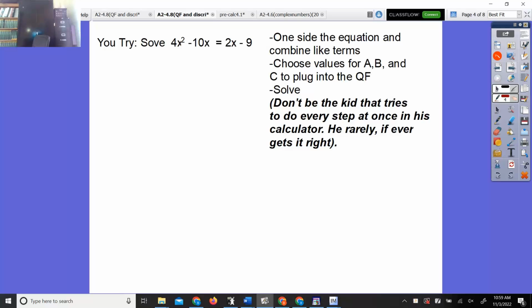Put it in standard form first, kids. Personally, I'd move everything to the left on this one. Some stuff for left, right? Watch the quality of your sign changes.